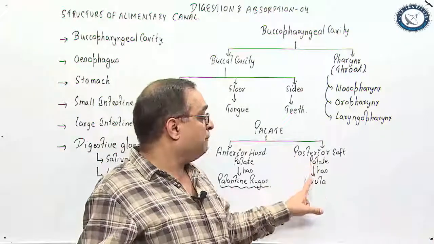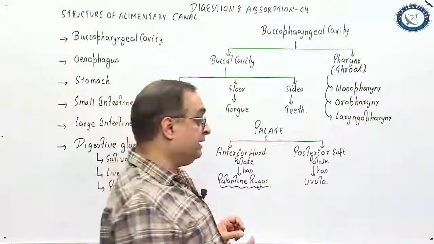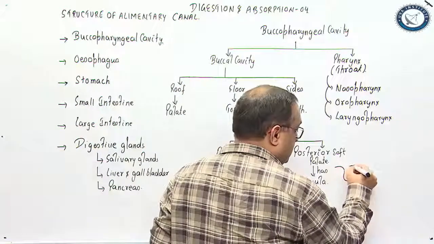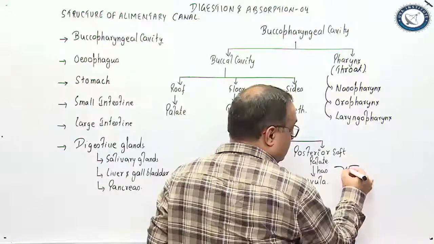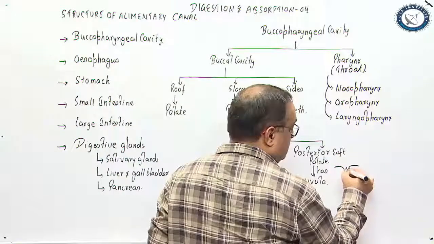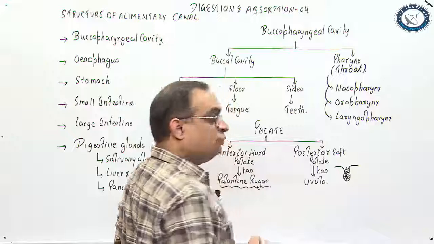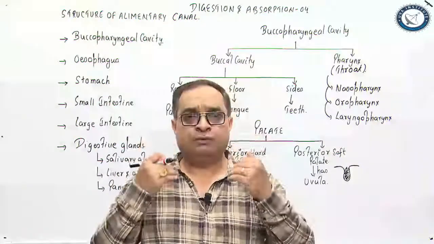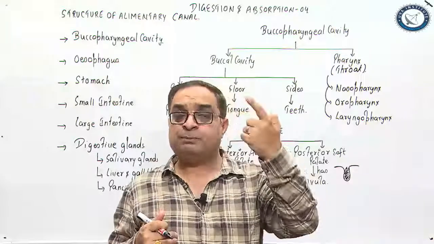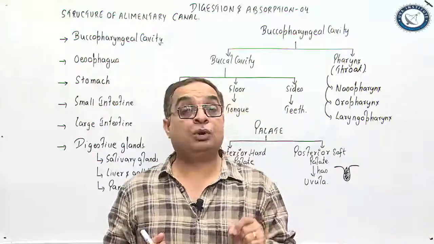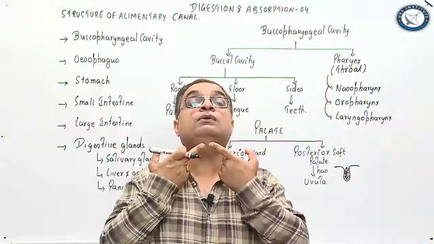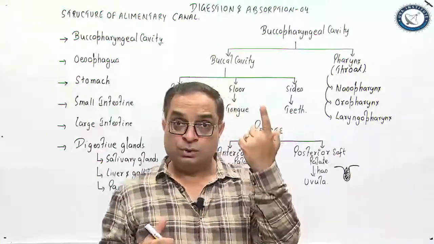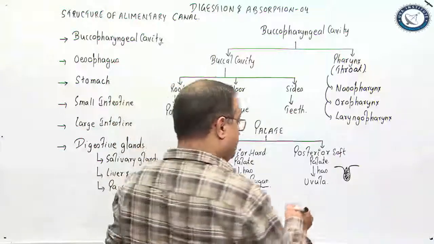The posterior soft palate has a fleshy hanging lobe that's called uvula. This punching bag kind of structure that is hanging from the posterior soft palate is what is uvula. What is the function of this uvula? See, when you swallow food, the uvula moves upwards to close the internal nostrils so that the swallowed food should go downwards towards your esophagus and it should not go upwards towards the internal nostrils.